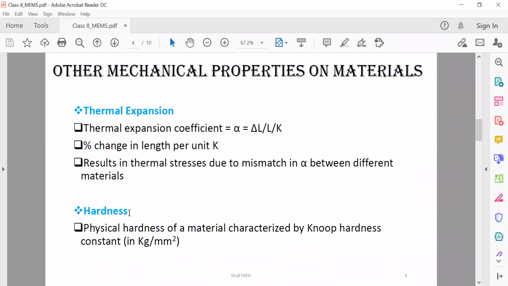Knoop is the name of a scientist who investigated that particular property of the material. That is why it is characterized by Knoop hardness, and the unit is kg per millimeter square. So it's one type of testing method, called Knoop hardness testing.